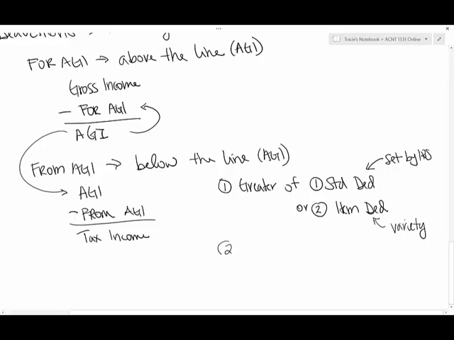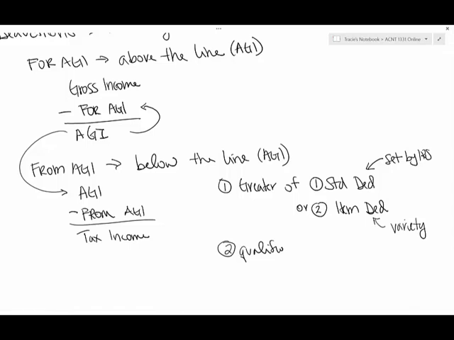The second type of from AGI deduction is a new deduction that was made new after the 2017 tax law changes, and it's a deduction that's allowed for qualified business income.